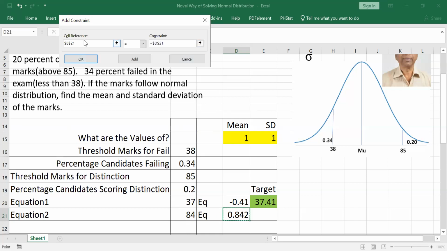So once again, I show you. The left-hand side is this side. This is the left-hand side. Then the right-hand side is this cell, which is D21. So B21 is equal to D21. Click OK.